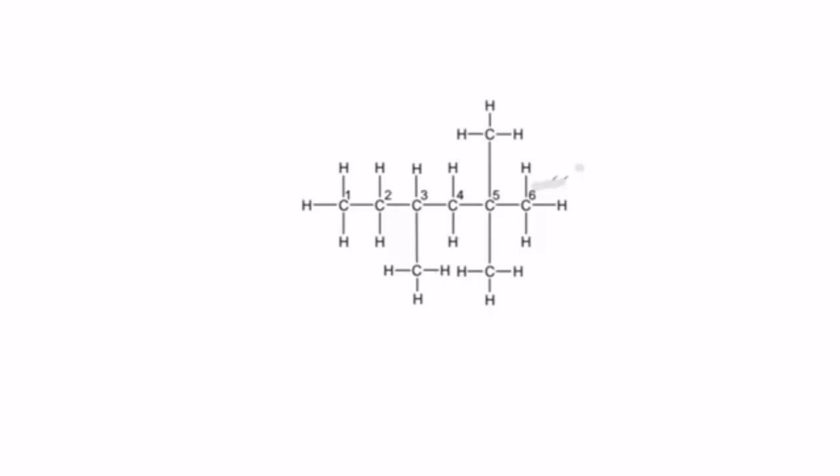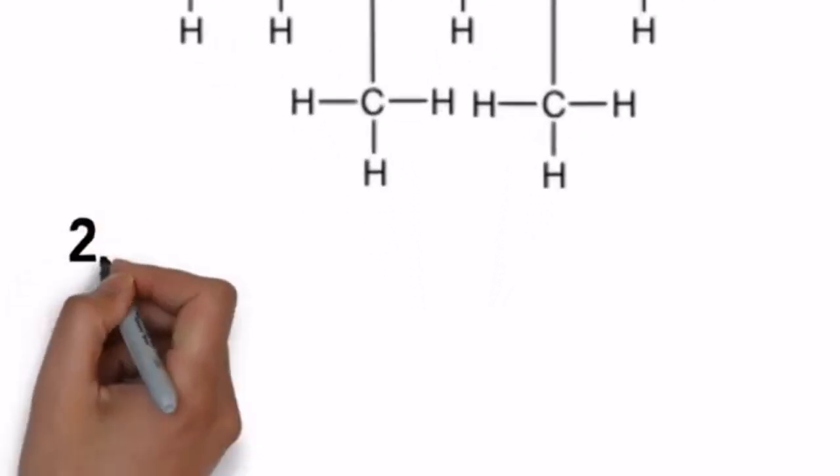So remember the 3 rules. You consider the longest chain, you consider the functional group, you consider the branch, and you start on the side where it is easier for you to get the functional group. But here we have the single bond all over the structure, so we can start anywhere.